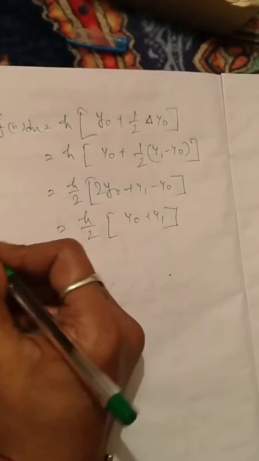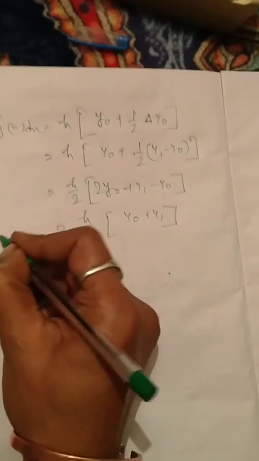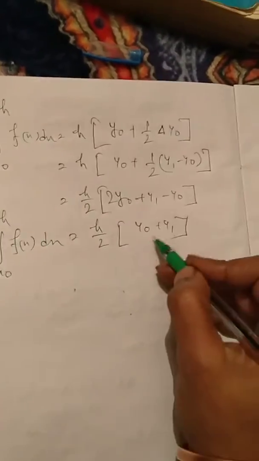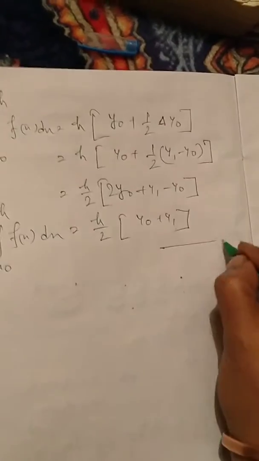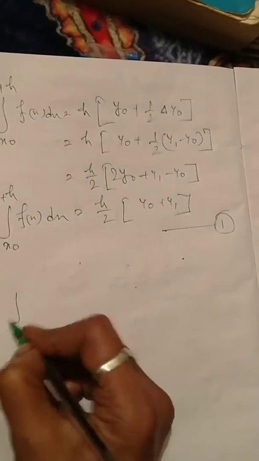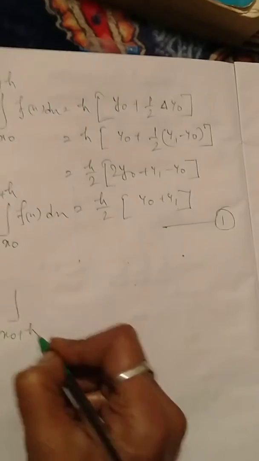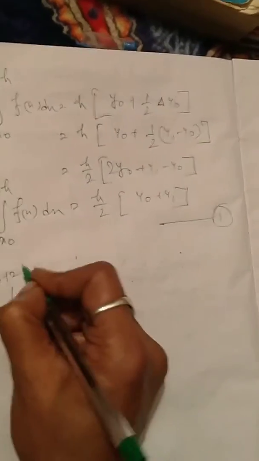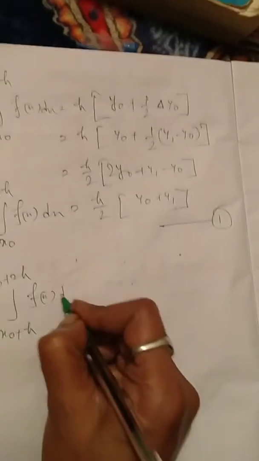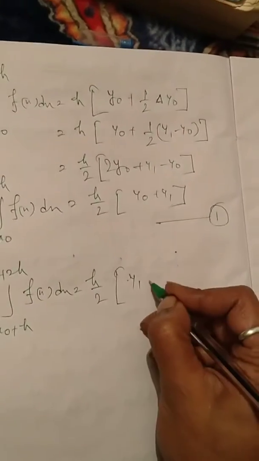Okay, so here we see the integration from x0 to x0 plus h of f(x) dx equals h by 2 into y0 plus y1. So this is suppose equation number 1. Now if we proceed the same way, we can say x0 plus h to x0 plus 2h of f(x) dx equals h by 2 into y1 plus y2.